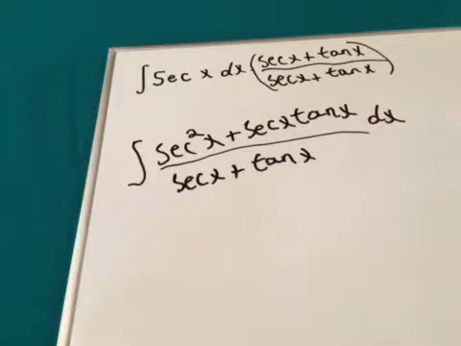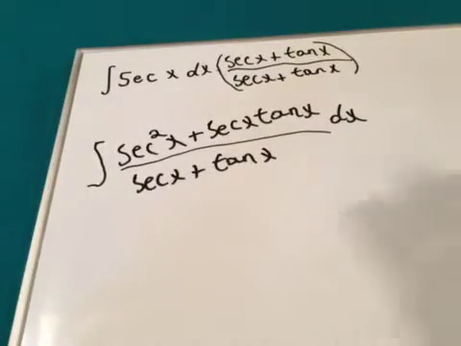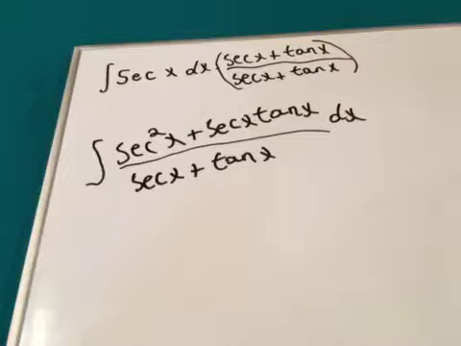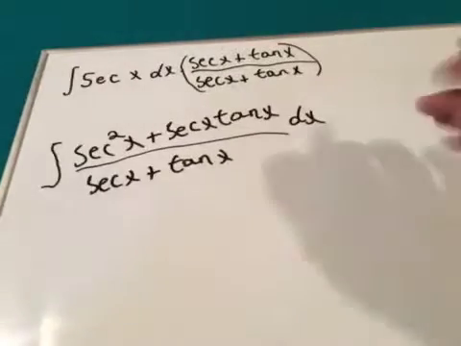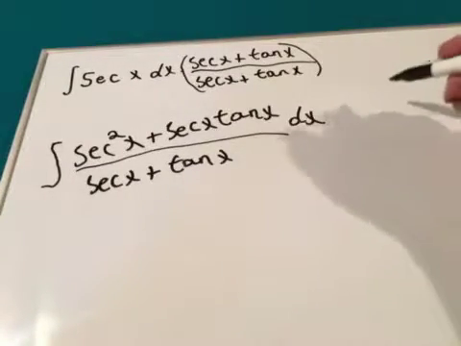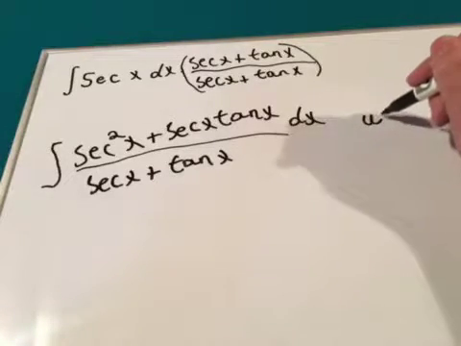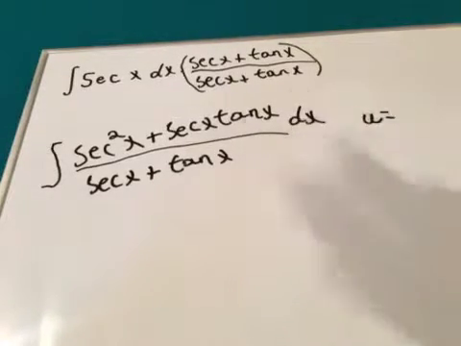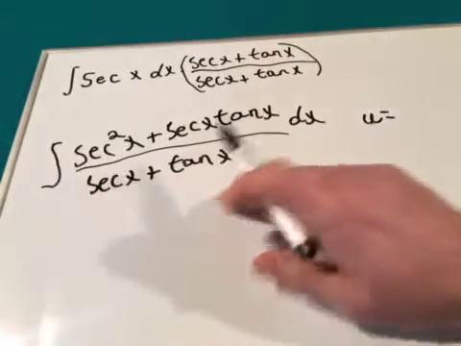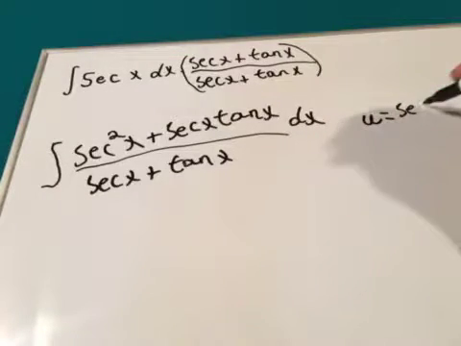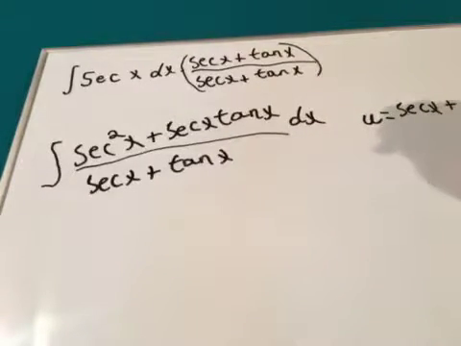When you're doing integrals, one of the best and first things you're going to always try is a substitution. Sometimes they call it a u, or a du substitution, because normally we use u as our variable. We're going to change the x's into u's. But what do we want to let u equal? Well, let's say we let it equal this bottom part, secant x plus tangent x.